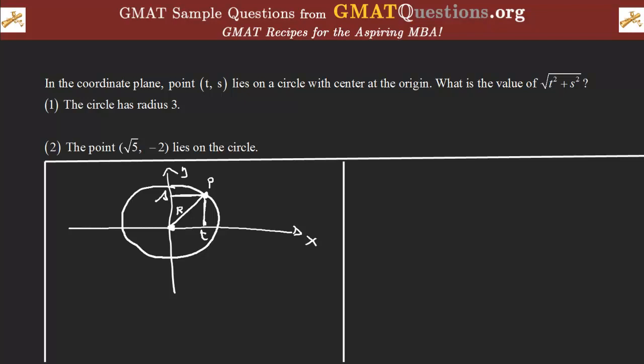Before I use the Pythagorean theorem here, you should agree that I have just created here a right triangle. I'm talking about O, which is the center of the circle, P, and this point right here where t is.